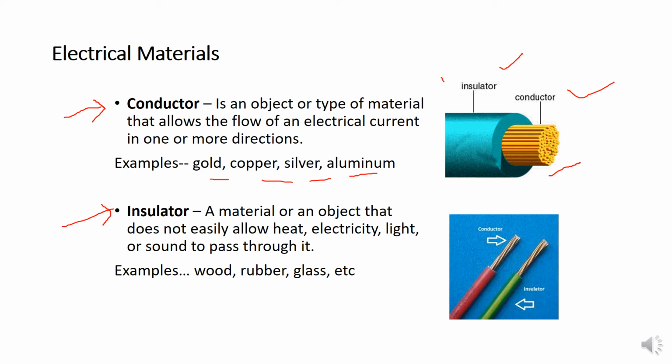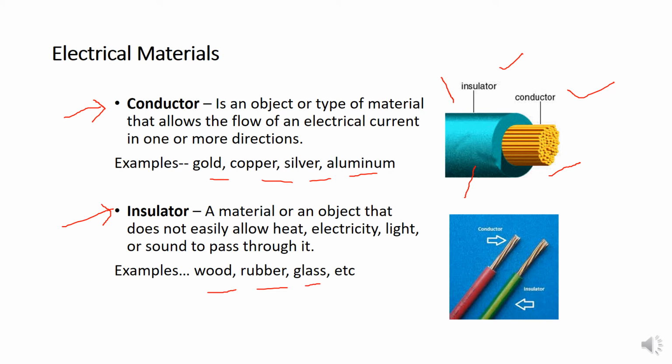And this is the insulator. An insulator is a material that does not allow heat, electricity, light, or sound to pass through it, so it provides insulation. It is made of things like wood, rubber, and gas.